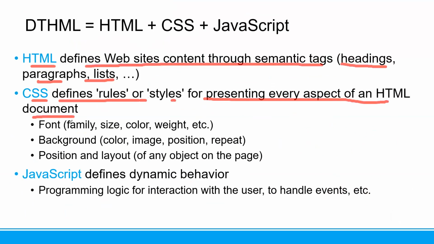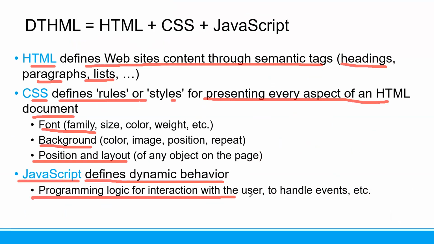So you know that we can define the font, we can change the background, we can do some layout or positioning. And JavaScript defines the dynamic behavior. It means we are going to use some programming logic for interaction with the user to handle events, etc.